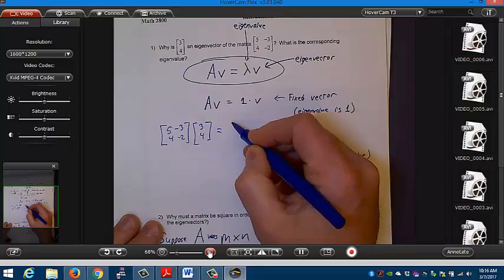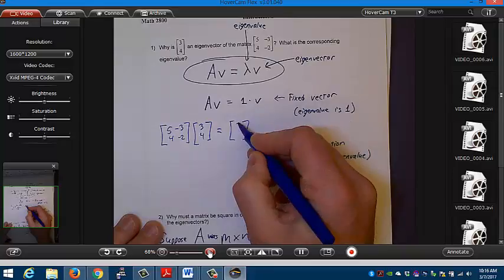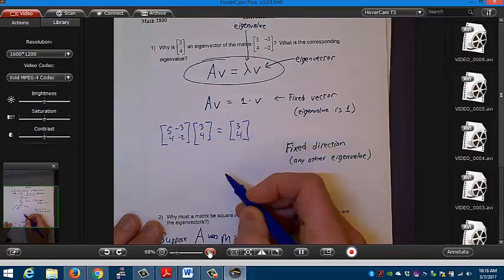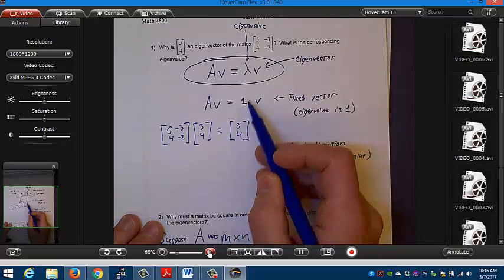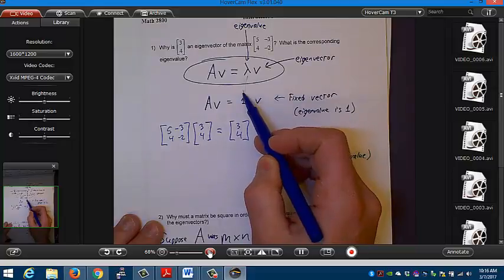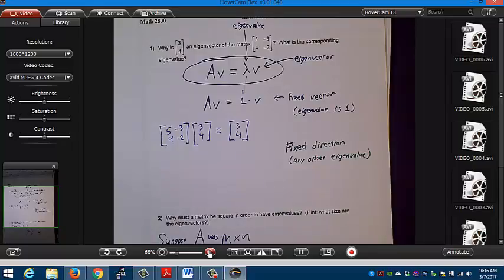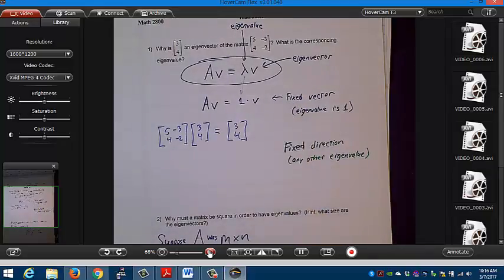Yeah, you actually get, if you work out the top number, 15 minus 12 is 3, and then the bottom number, 12 minus 8 is 4, you actually get (3, 4) back. And so in this particular case, what's the eigenvalue? 1. Okay? So this is a really strange situation. We have Av = v. And this is what you might call a fixed vector. It's not moving, right?